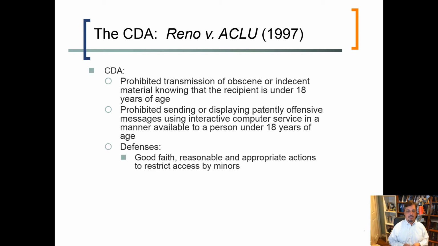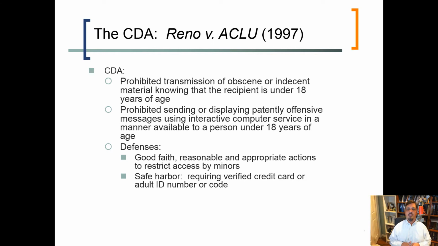It had some defenses built in. So, if you took some good faith actions to restrict access by minors, and it created a safe harbor by saying if you require credit card verification or an adult ID number or code to verify that the user is an adult, then that could be a safe harbor.